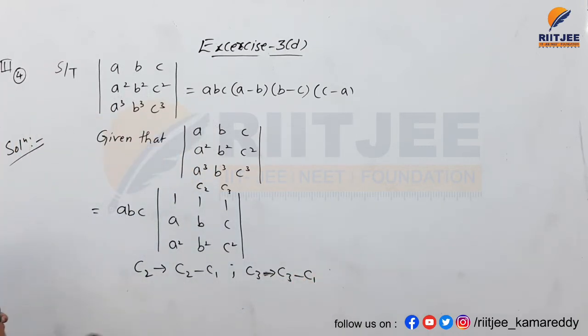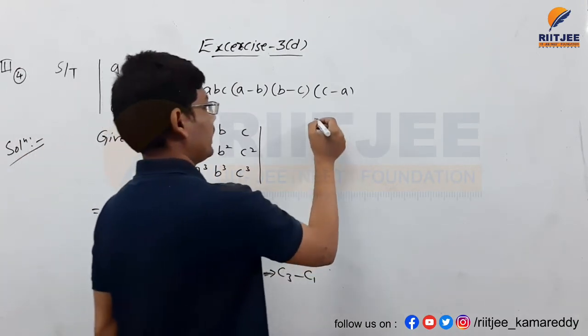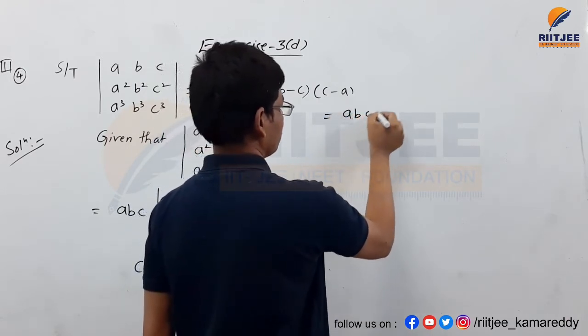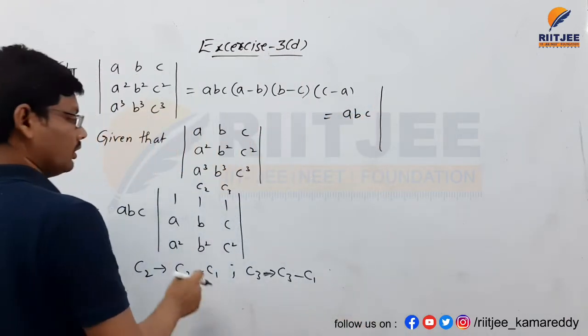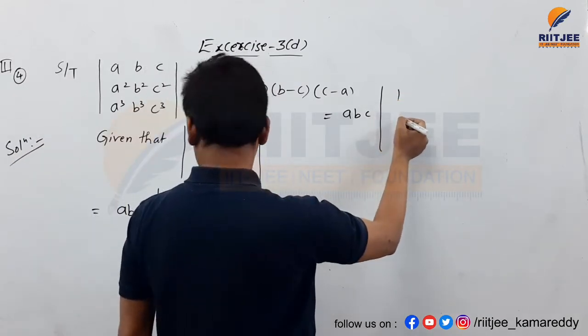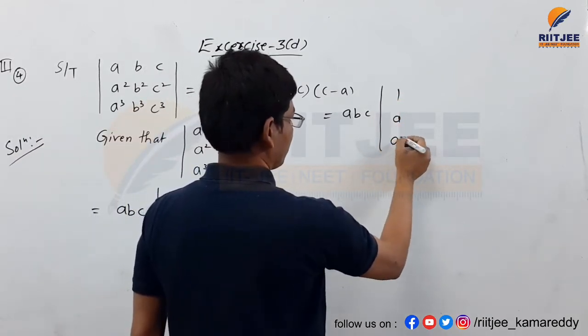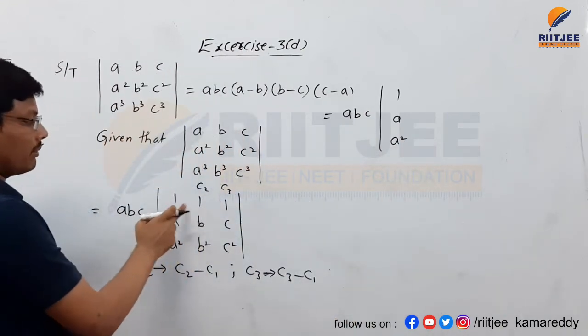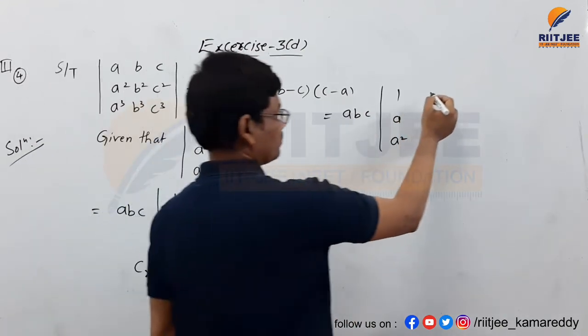So abc into the determinant: C1 is as it is, 1 and a square; and in the next column, 1 minus 1 is 0.